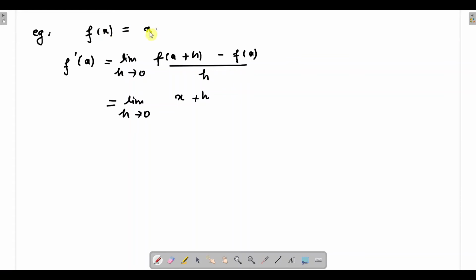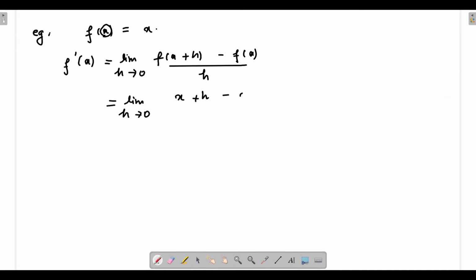When you are finding f of x, it is x. Why? Because the function is f of x equal to x. So when the quantity in the domain is x, you get the value in the range as x. When the value in the domain is x plus h, you will get x plus h, right?